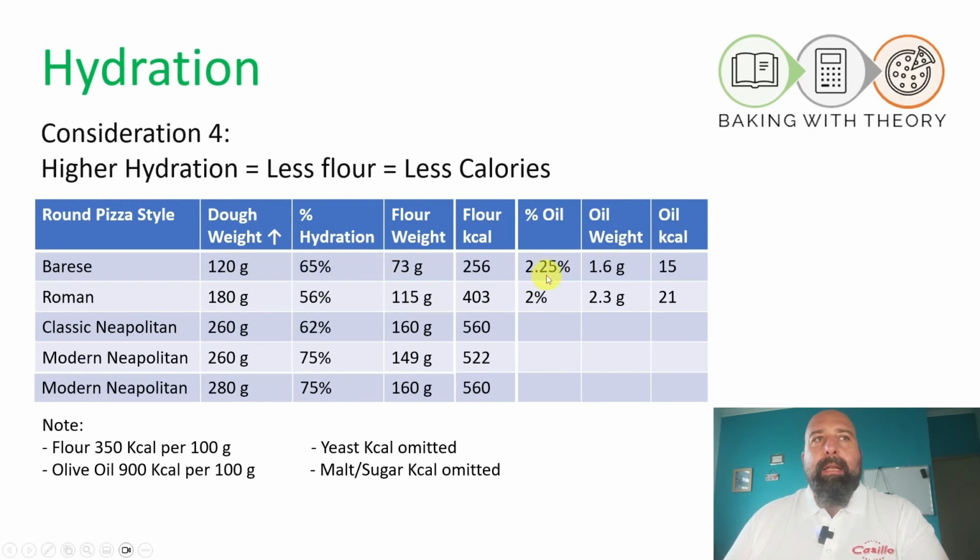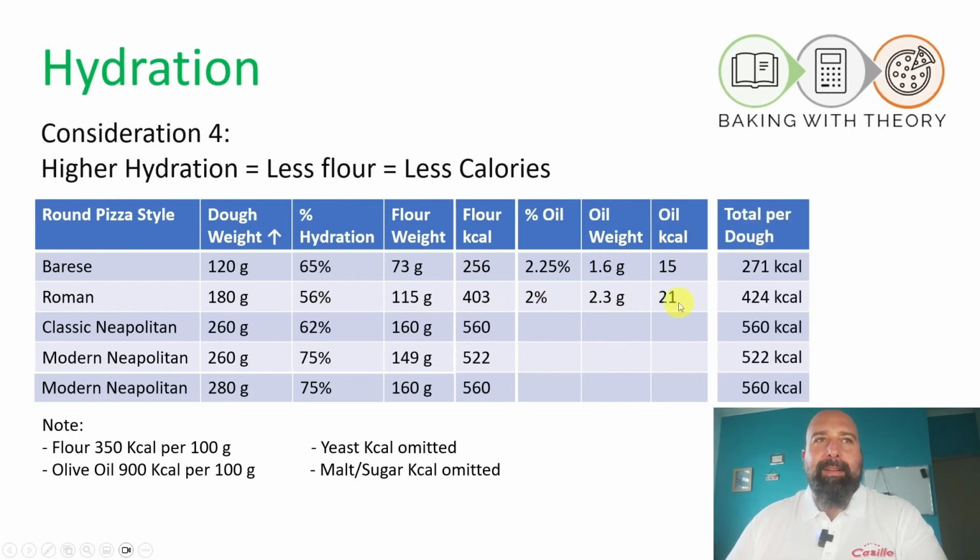Now I'm considering 2.25%. That means 1.6 grams of oil. So this means that I have an extra 15 kilocalories. So I need to add the calories from this amount of oil, and I'm doing the same for the Roman. I don't want to be really mathematical on this, but this is the result.